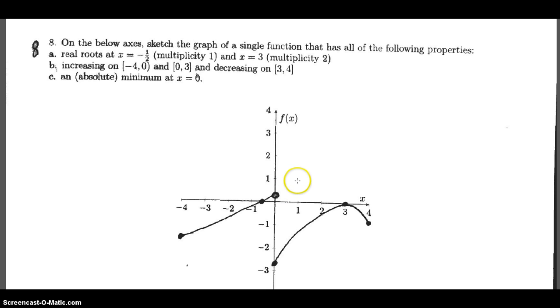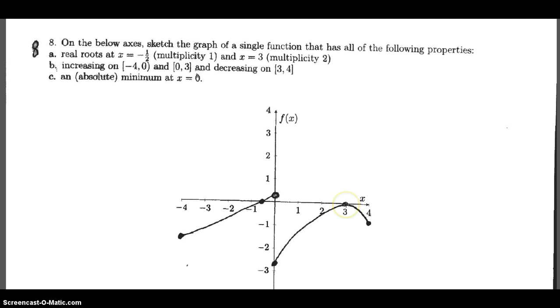And so there's no way we would continue to increase that entire way till we get to x equals 3 and still have a root at x equals 3. So that's why I went ahead and created a jump discontinuity here at x equals 0. So it still is increasing on this section and on this section, but we wouldn't say that it's increasing on the domain -4 to 3.